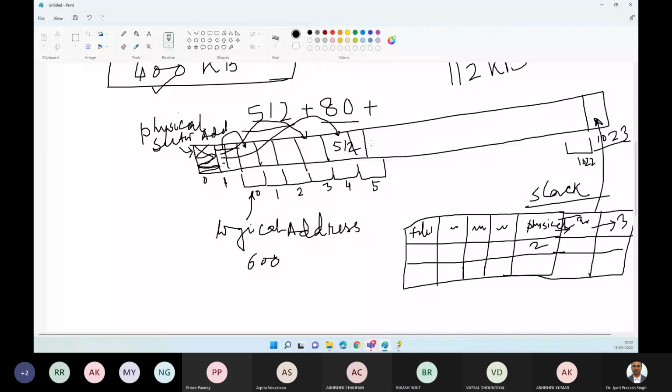Then you have to take one more sector because 88 bytes are left, and that has to be written in one sector only, because disks are addressed only in terms of sectors. We cannot take 88 bytes from any place. We have to buy one complete sector, and I use only 88 bytes of this. So the remaining space is again slack.